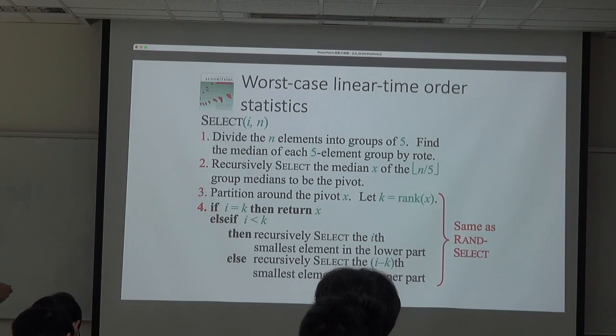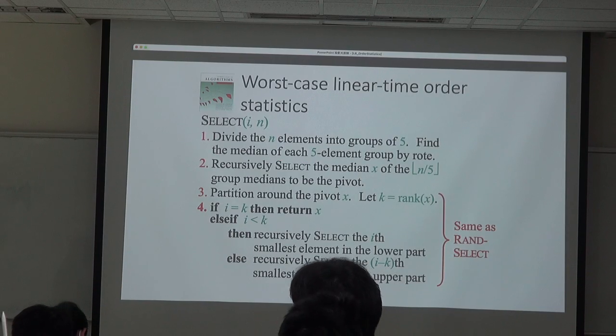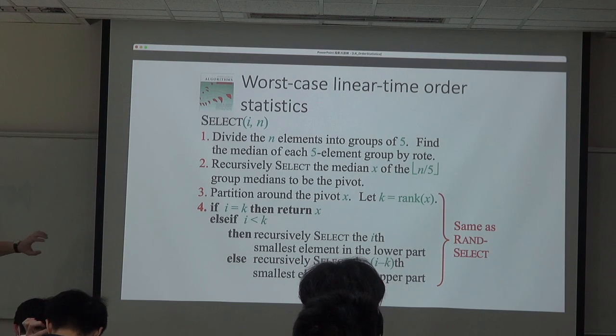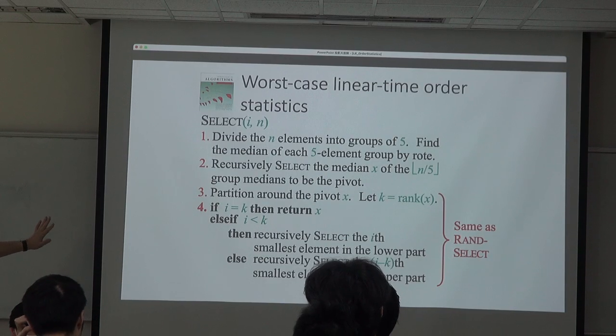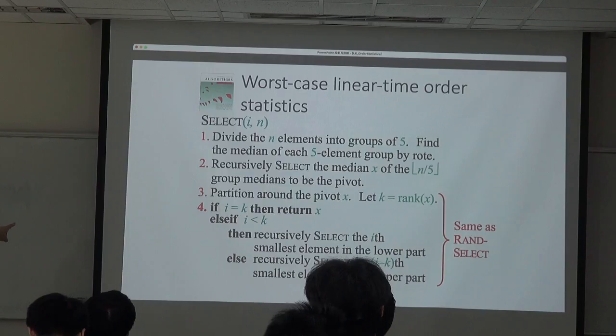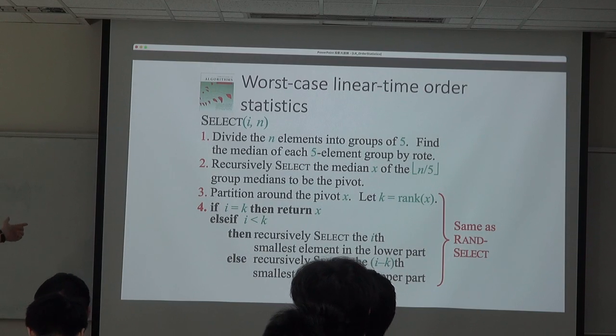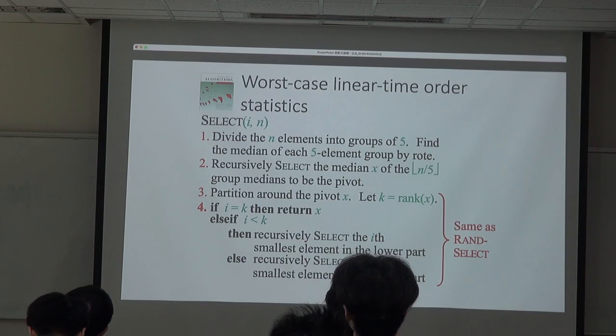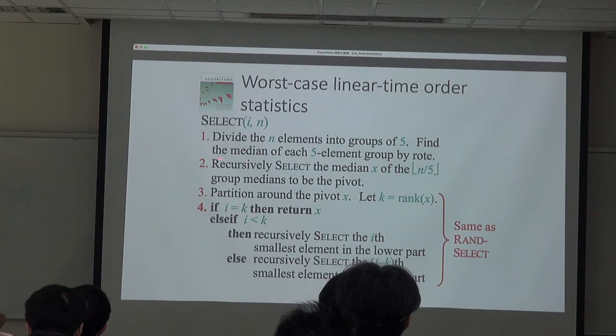Then for each group of 5 numbers you have its median. So you have roughly n divided by 5 medians. The second step is very interesting. You recursively select the median of these n divided by 5 medians, and use that as the pivot.